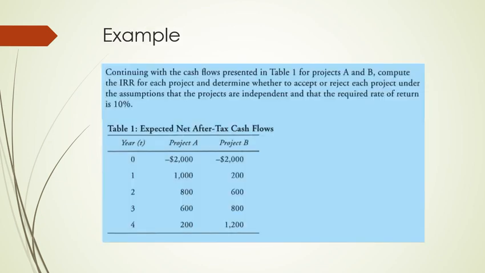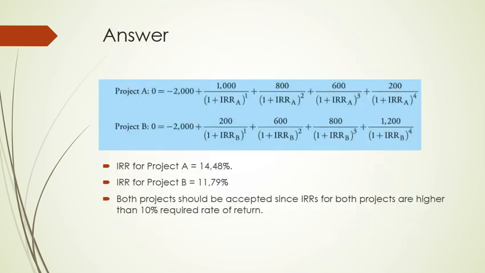Okay, let's look at the example. The same table, the same numbers, same projects that we used to calculate the NPV. After making the NPV zero and putting in the cash flows, solving for the unknown IRR, we received the IRR for project A of 14.48% and the IRR for project B of 11.79%.